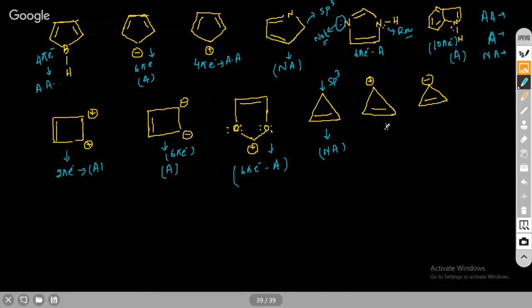Okay. This one, we have done this. It is aromatic, 2 pi electrons. This one, 4 pi electrons, it is anti-aromatic. Yes, 2 pi electrons in 11th.